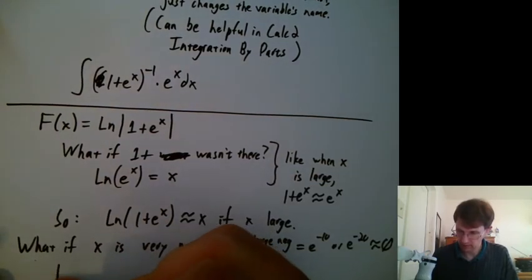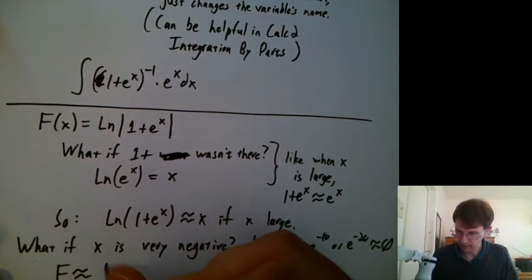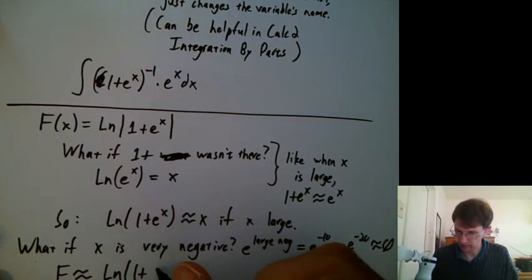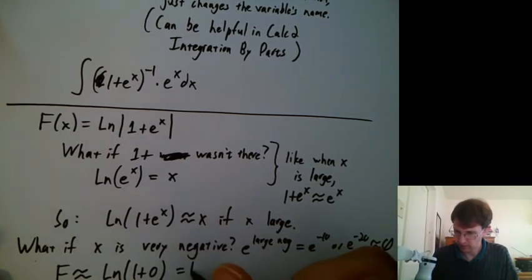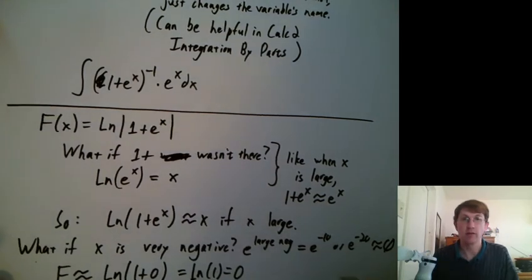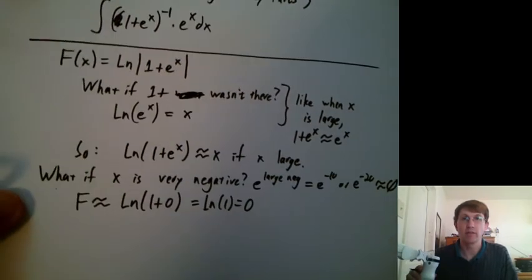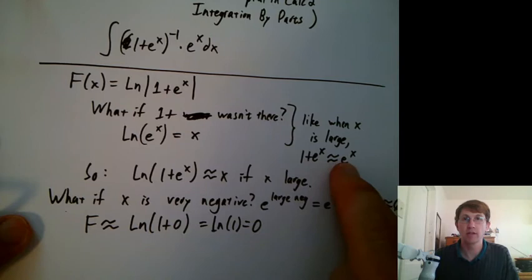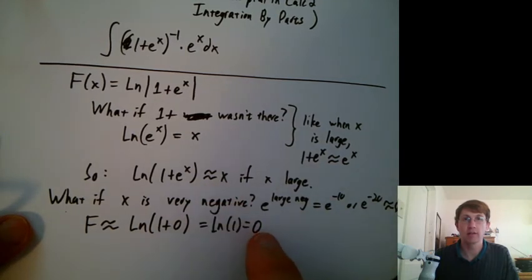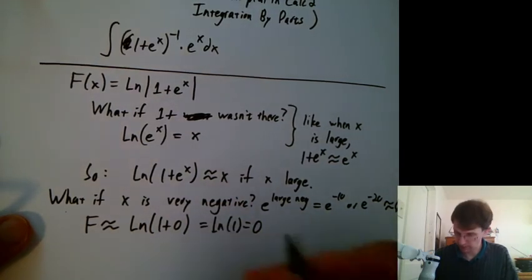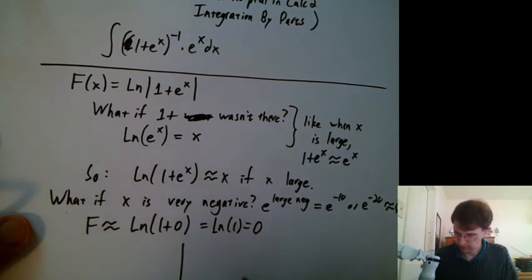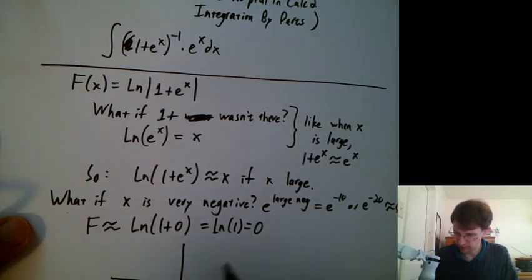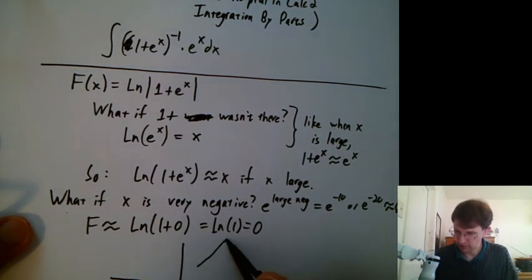So then our function is roughly log of 1 plus 0, which would be log of 1, which is 0. So if x is large and positive, we're getting basically x. If x is large and negative, we're getting basically 0. So over here we have basically 0. Over on this side we have basically x.